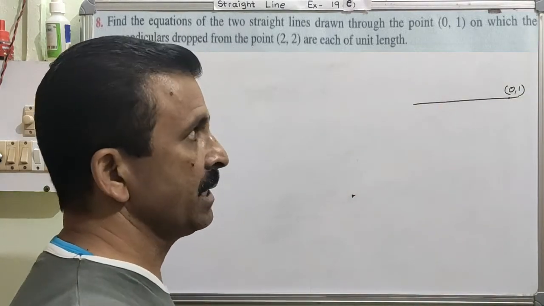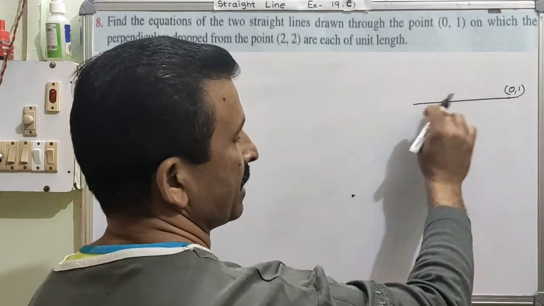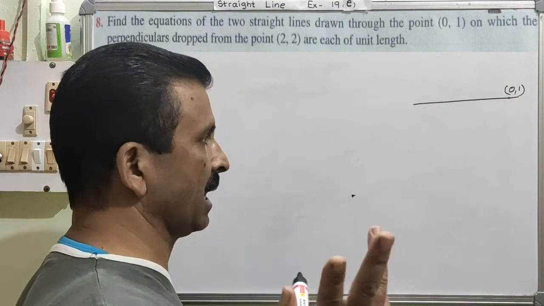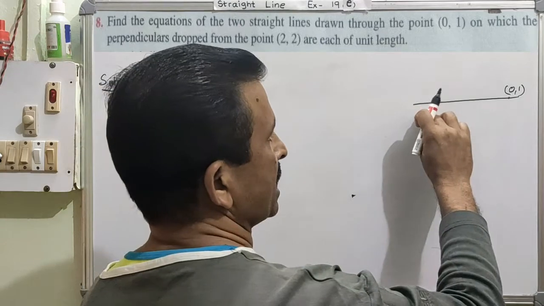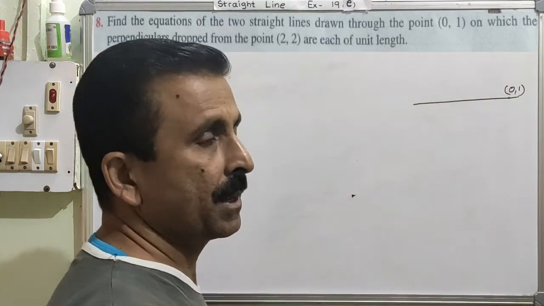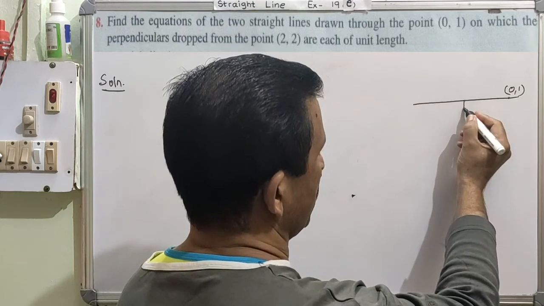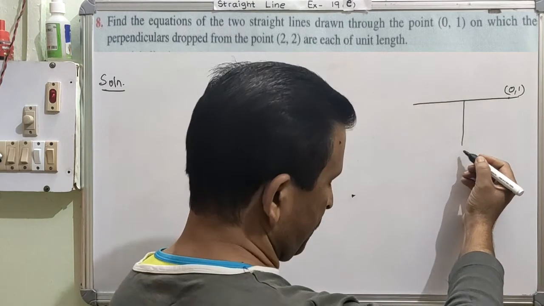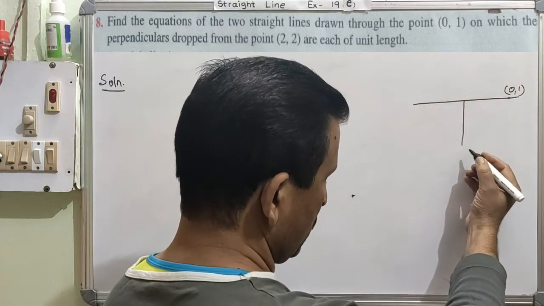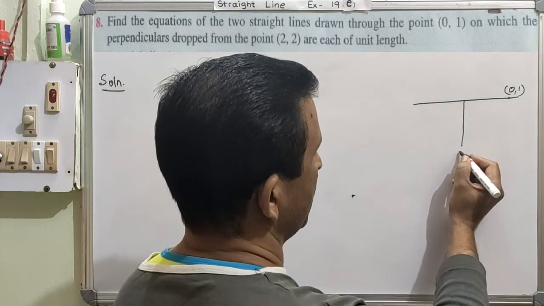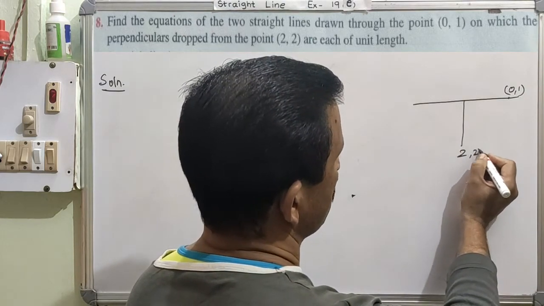This line is going to give you two equations. Let us see how it will give you two equations. This is the line which passes through this point, and this line is at a distance of 1 unit from the given point, and that point is (2, 2).